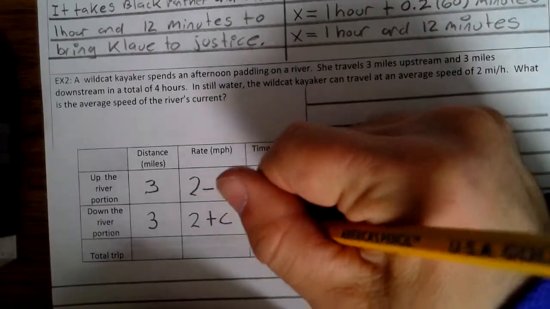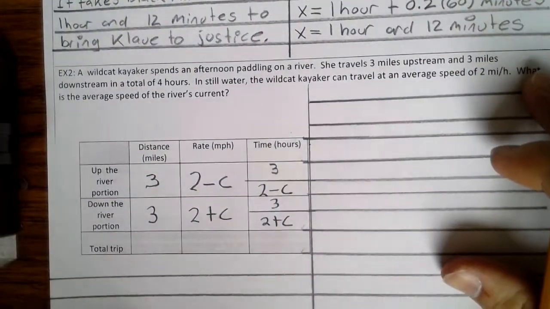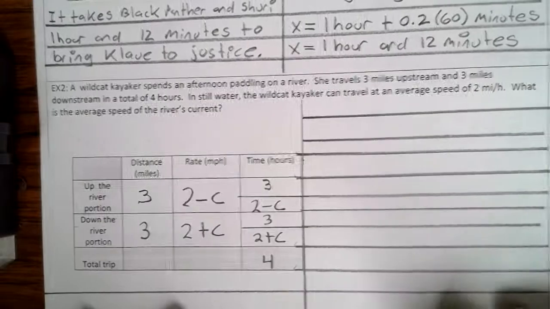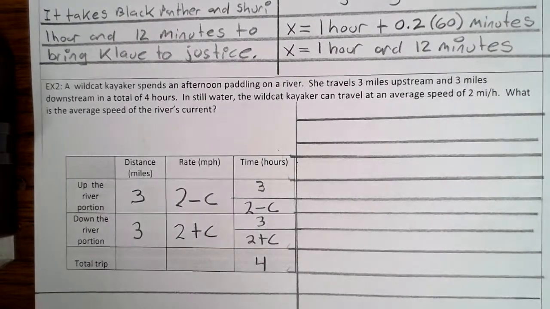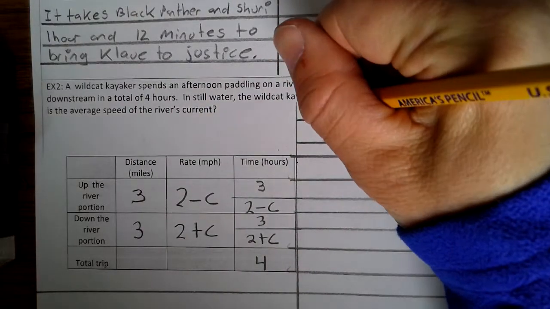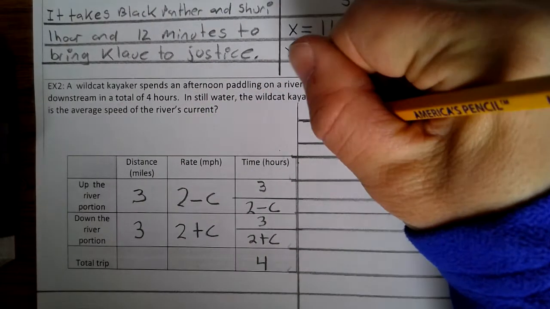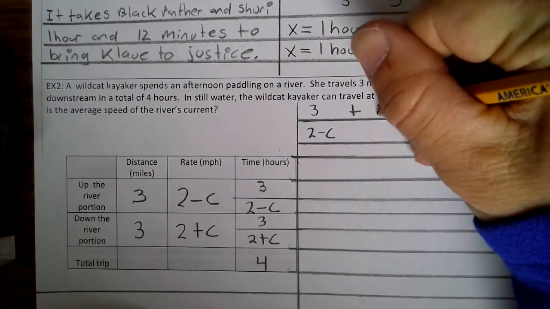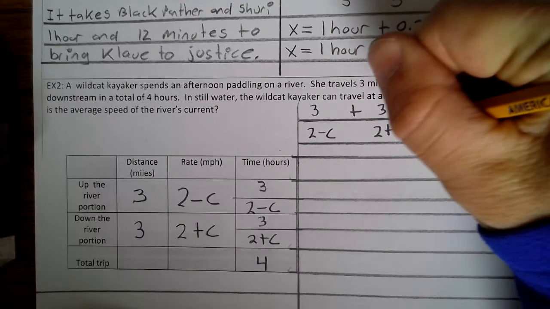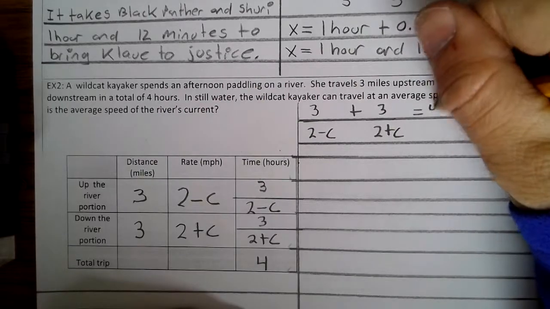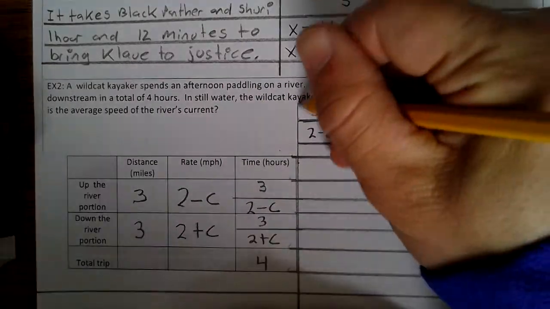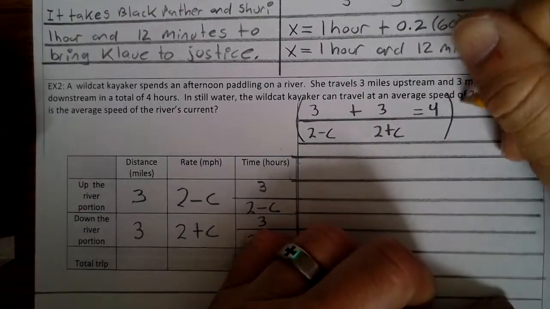And the total trip took 4 hours. Okay, so our equation is 3 divided by 2 minus c plus 3 divided by 2 plus c equals 4. Now we need to multiply it by the common denominator, which is 2 minus c times 2 plus c.